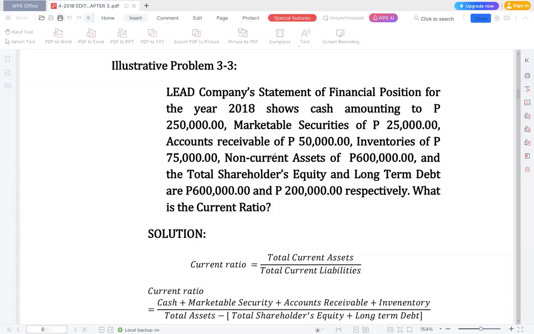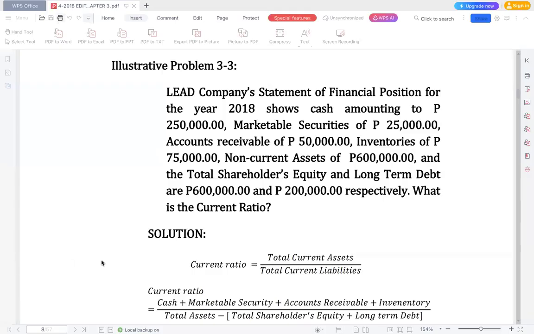Since we have here shareholders' equity, 600, long-term debt, 200, deduct it from the total asset. So total current asset plus non-current asset, that's your total asset. Deduct it by 600 equity and 200 debt. So the remaining amount will be your total non-current liability.